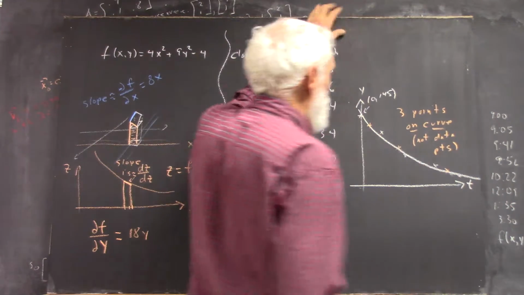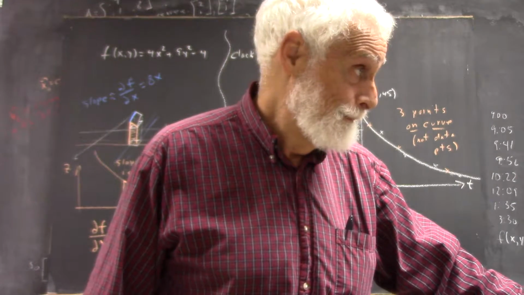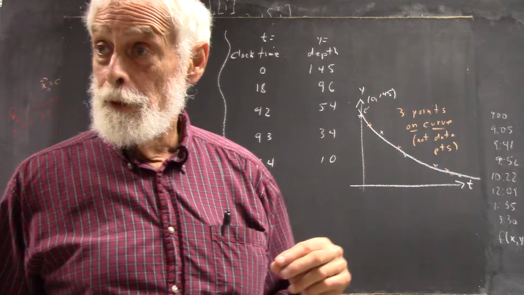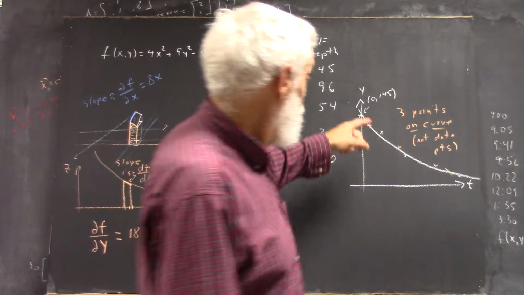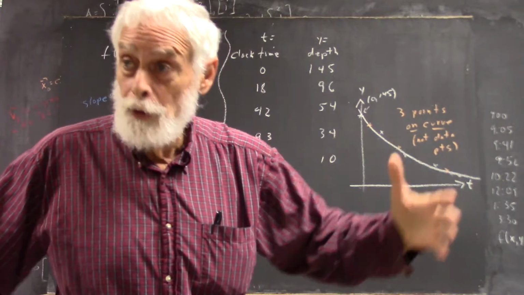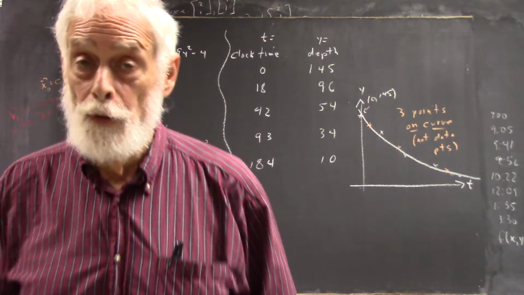The idea is that the curve is supposed to indicate what was really happening. Since there are little uncertainties in the data points, we can't be sure of any of them, so we smooth it out by sketching a nice smooth curve, and then we pick 3 points on the curve and we base our model on those 3 points.